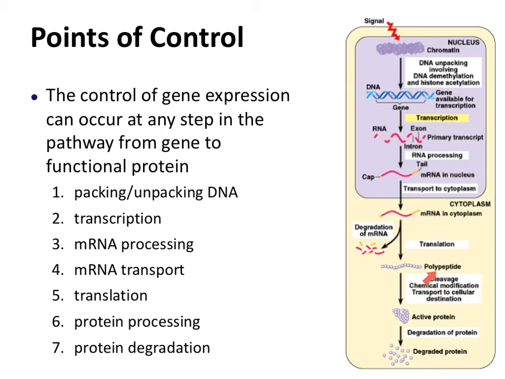Also, once my protein is made, I can damage it. I can combine different proteins. And that's all happening with different chemical signals. So lots of different spots here to turn on and off these genes. And not all of them are going to occur on every single gene. What kind of control is happening depends on the kind of gene, and what kind of cell it's in.